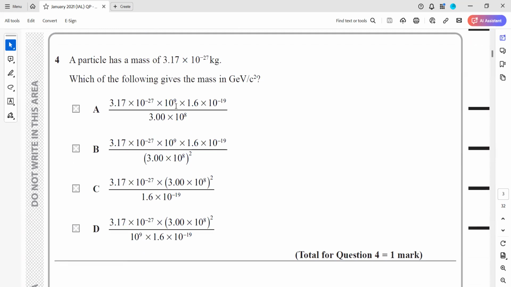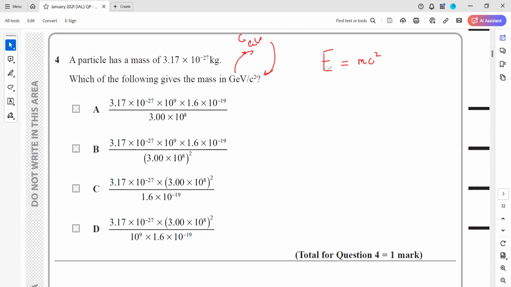Then a particle has a mass of 3.17 kg. We want to convert it into giga electron volt. Look, we have the formula E is equal to mc square. If you want to convert, the mass is in kg, first we'll get the energy, because energy in giga electron volt is the same as mass in giga electron volt per c square.